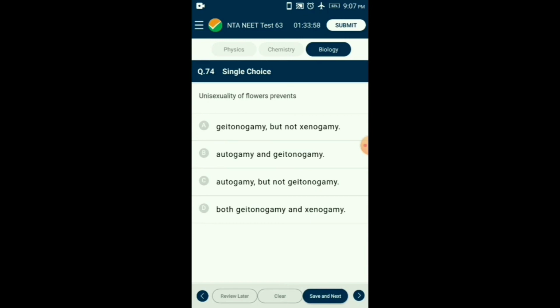Both xenogamy and geitonogamy involve transfer of pollen from anther to stigma of one flower to another flower, either of the same or genetically similar plant. Autogamy or self-pollination: here, transfer of pollen from anther to stigma of the same flower occurs in bisexual flowers. So the answer is option C. Autogamy but not geitonogamy.